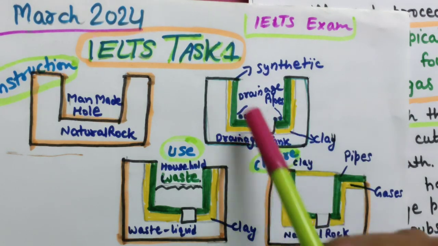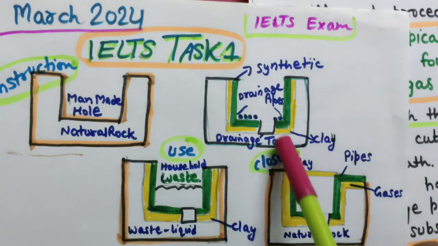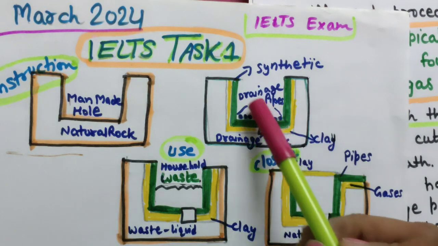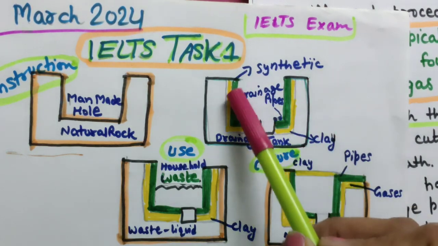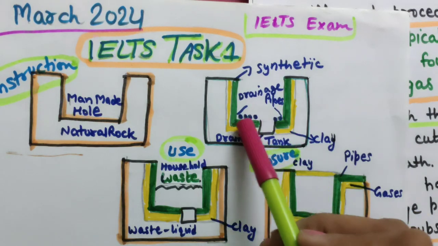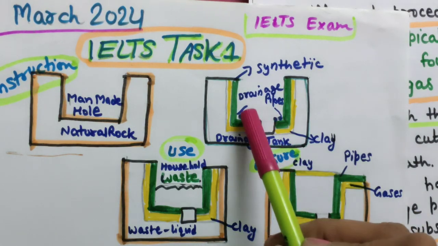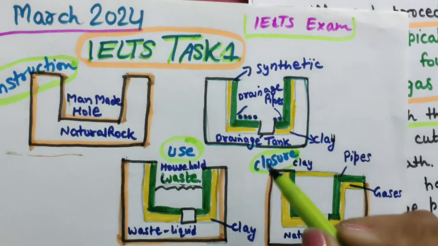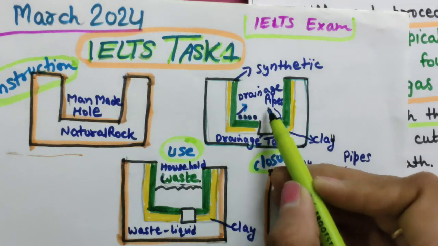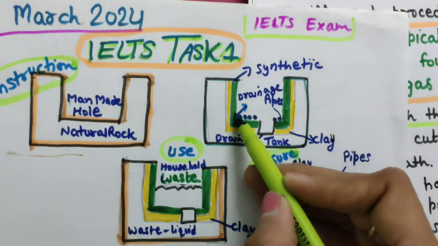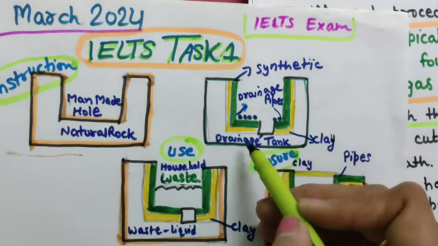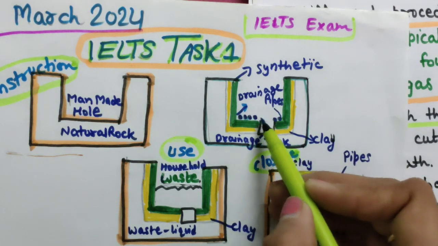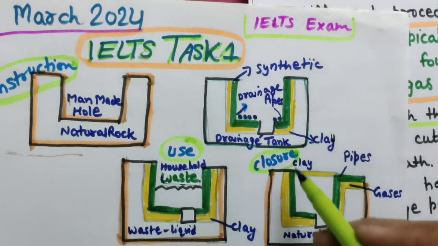At the second step you can see some pipes. Green and yellow, there are 2 pipes, and one gap is also there. The arrow is showing synthetic pipes, and some circles are there, and they have given an arrow saying drainage pipes. The arrow is for this pipe, this is the drainage pipe, and these circles, I don't know what they mean to say.